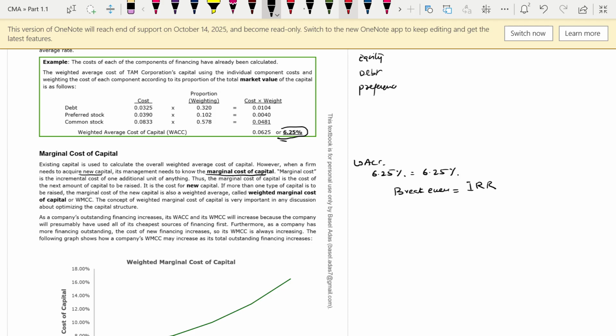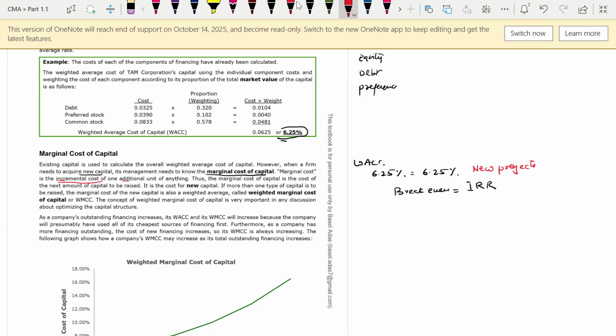Now, if the firm takes new projects, what is the cost of capital? Or is the risk high or less? We have to calculate. The management needs to know the marginal cost. The marginal cost is the incremental cost of one additional unit.